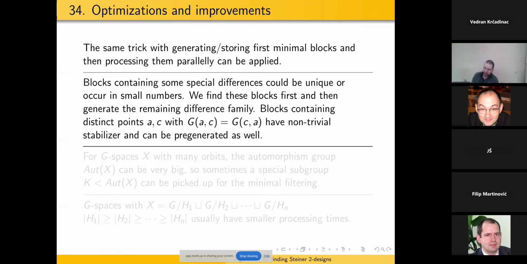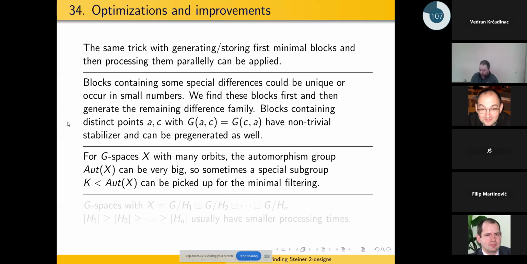This already adds some differences that will be used for filtering and removing incorrect states, and this helps a lot. Blocks containing distinct points A, C with the orbit of AC equal to the orbit of CA have a non-trivial stabilizer immediately and can be pre-generated as well, and usually it helps also.